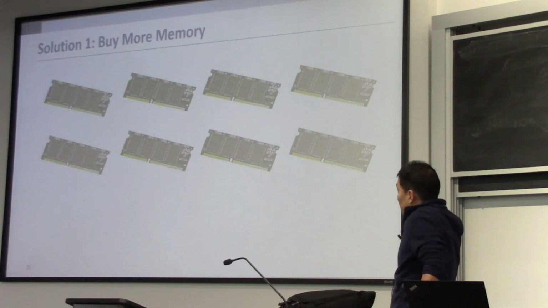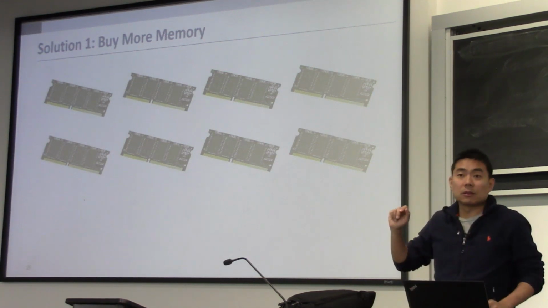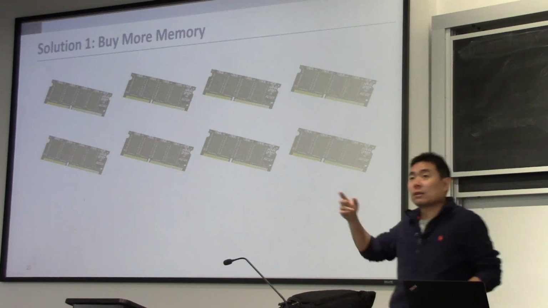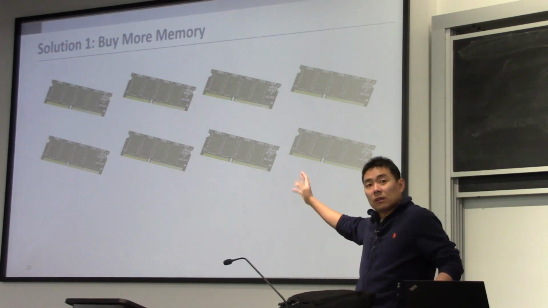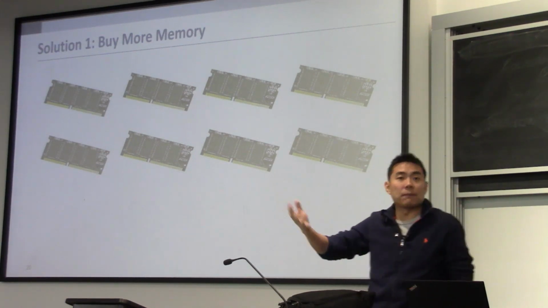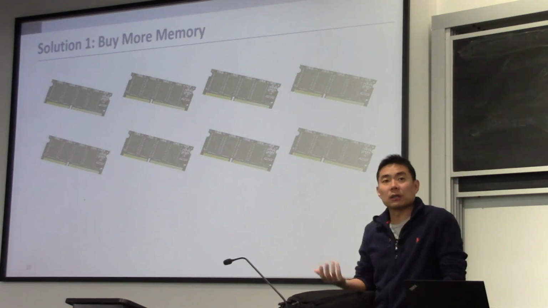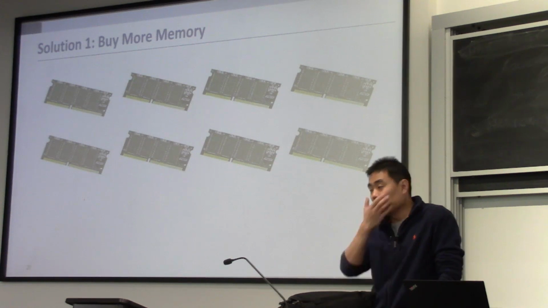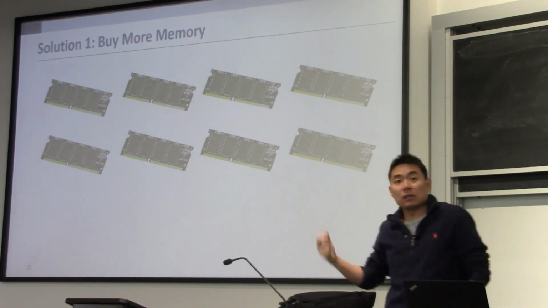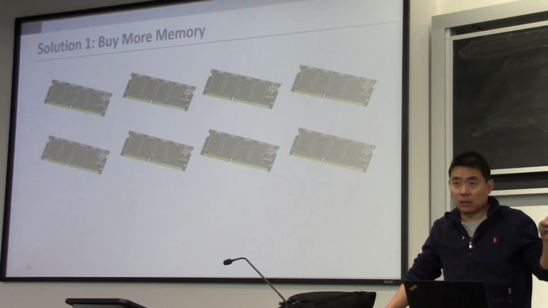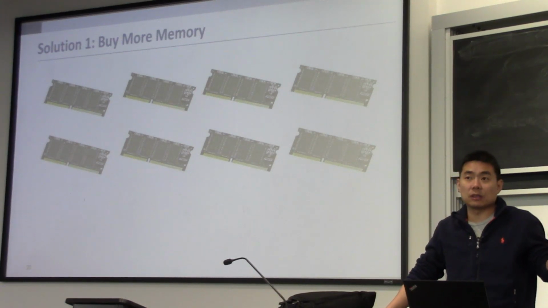So this is the approach of buying more memory. This is super expensive, but in fact, this is an approach adopted by a lot of companies, like Google, Facebook, and Microsoft, in their cloud computing platforms. Sometimes they offer you this approach, which I'm going to talk about a little when I branch into the NoSQL discussion later today.